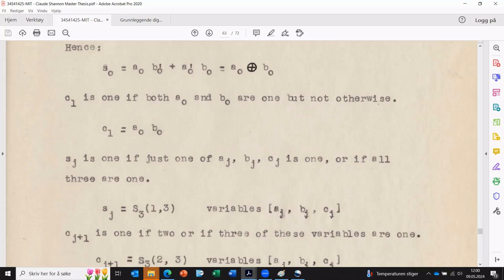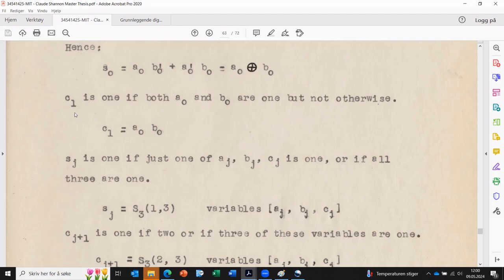We shall start with calculating the least significant bit. We have it here, it is S0, that we get when we have either A0 equal to 1 and B0 dash equal to 0, or if we have A0 dash equal to 0 and B0 equal to 1, and this function is the XOR function between A0 and B0.